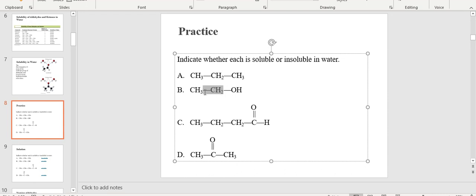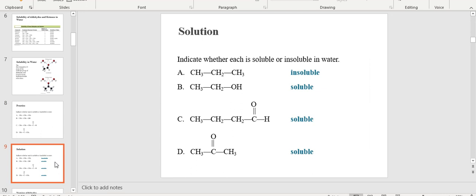Low number of carbons and a polar side chain. Sure, that'll go. Okay. That'll go into water. What do we have here? I got 4 carbons with an aldehyde. Butanal should go. And here I've got propanone. That should go as well.